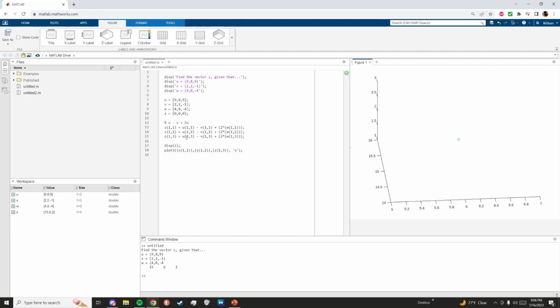I didn't program the ijk in, but that is just an idea of how calculus can be implemented and how it's used in software engineering. This is just a very basic example, just taking a homework problem and solving it through MATLAB.